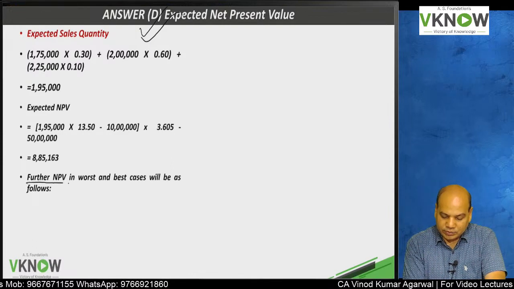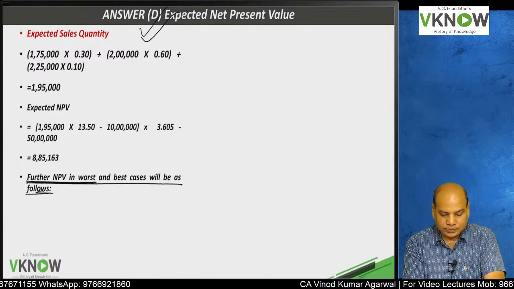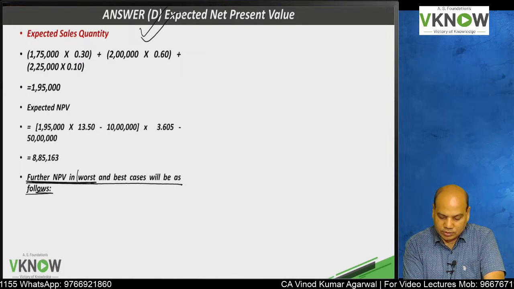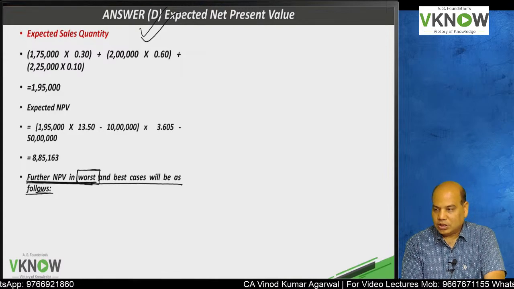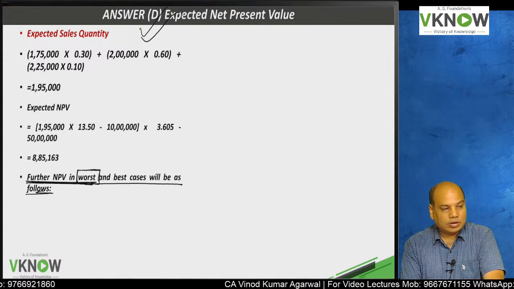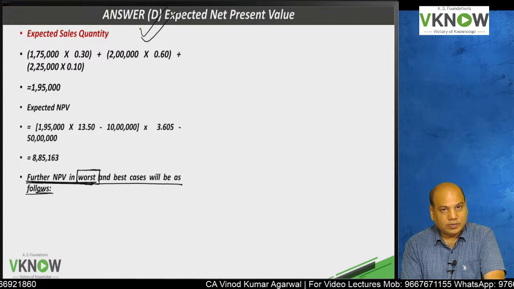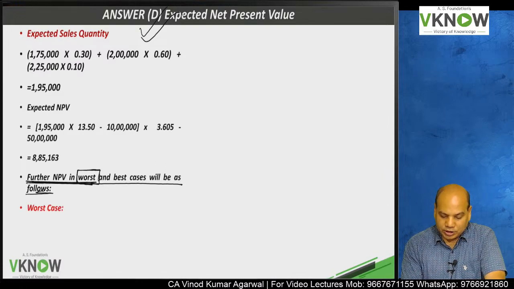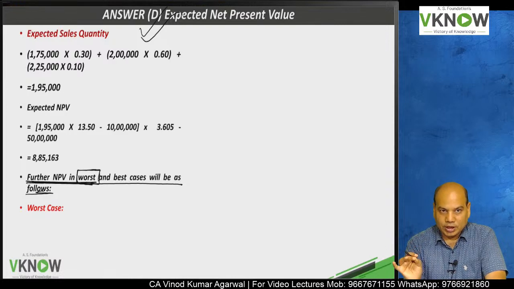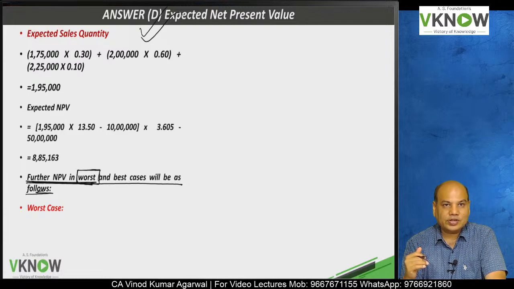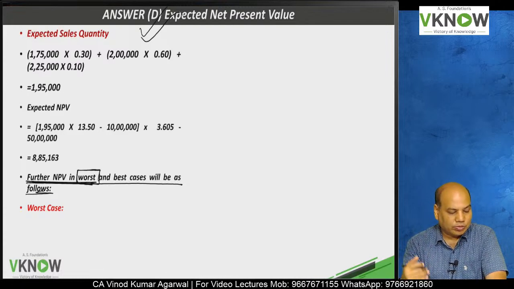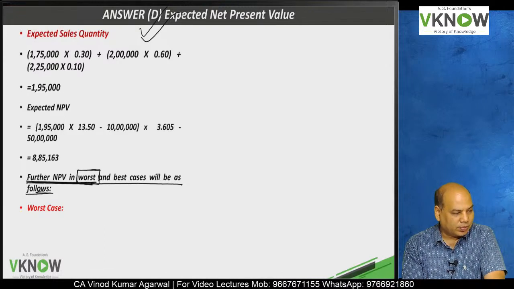Further NPV in worst and best case scenario. Suppose after we start the project, economy condition becomes poor, then I will get only 1,75,000 sales, whose probability is 0.3. So I need to check what would be NPV in worst case scenario. Worst case scenario means economic condition can be poor.